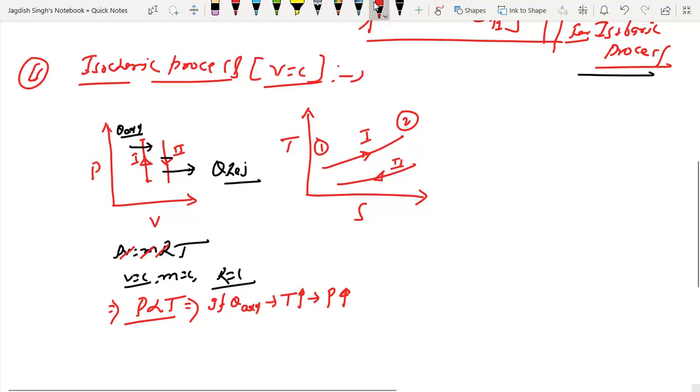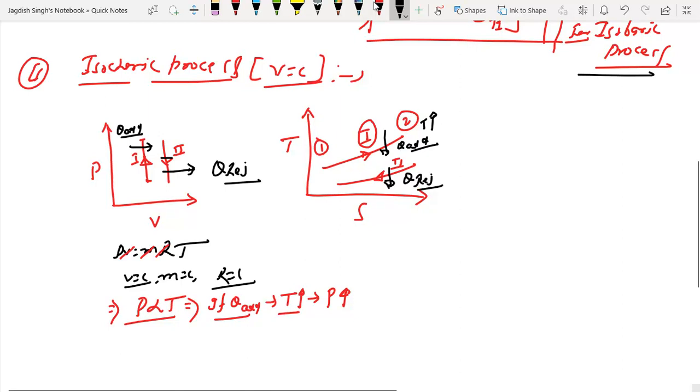We have to identify in which process heat is added and in which process heat is rejected. Simple. We already know that when heat is added, the temperature increases. When you follow curve 1, you will observe that the temperature increases. That's why in this process heat is added. In the other, the temperature drops. That's why heat is rejected.